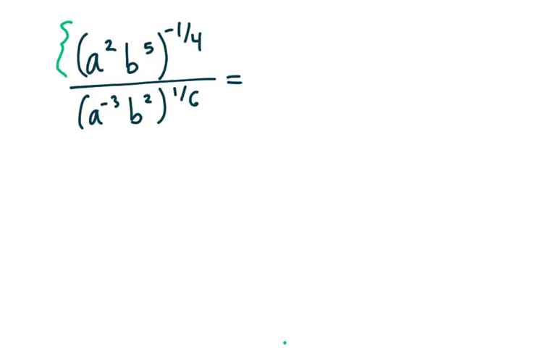Using the rules of exponents that say a power raised to a power requires multiplication, we're basically going to need to simplify this by saying we really have a squared being raised to the power of negative 1/4, as well as b to the fifth being raised to the power of negative 1/4. So when we have a quantity being raised to a power, that power is applying to each part of the quantity, and then in this case that really ends up looking like power raised to power for each a and b piece.